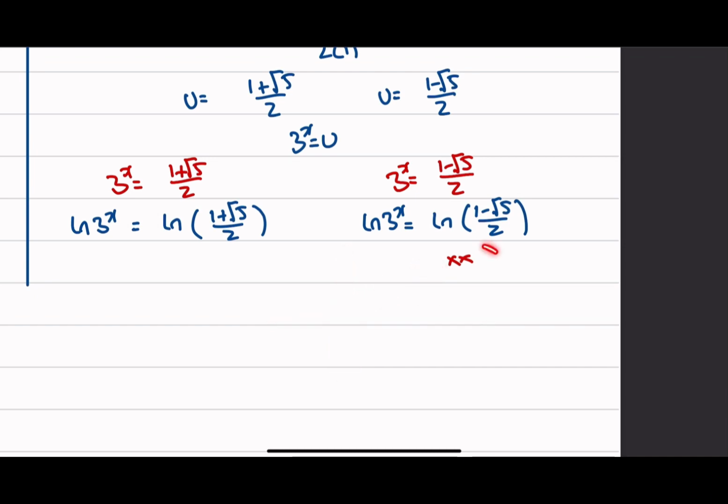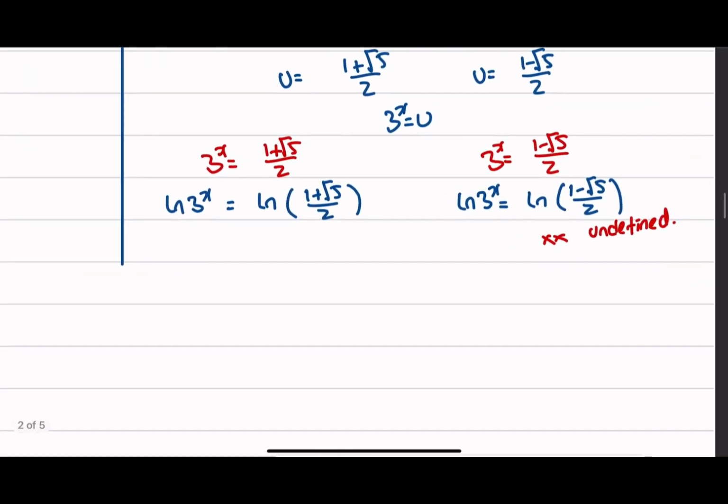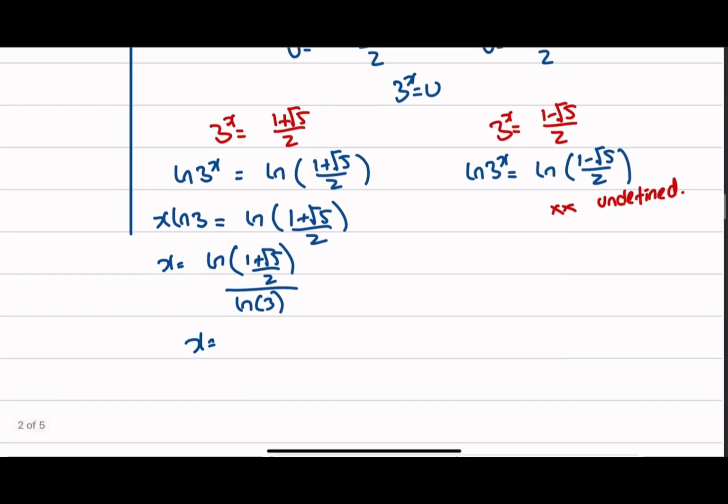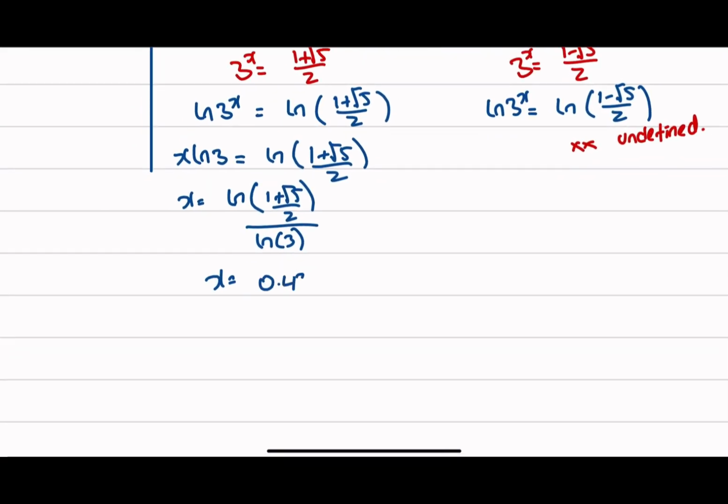So this will be undefined, and you can write it so. And for this part you can use the power rule, so that x ln 3 equals ln of 1 plus under root 5 over 2, x equals ln of 1 plus under root 5 over 2 whole over ln 3. The only answer for x is 0.438.